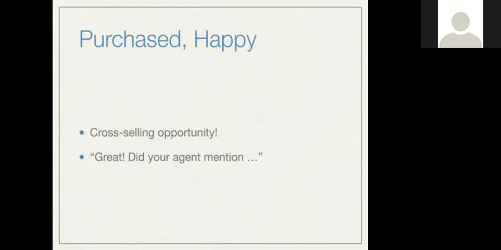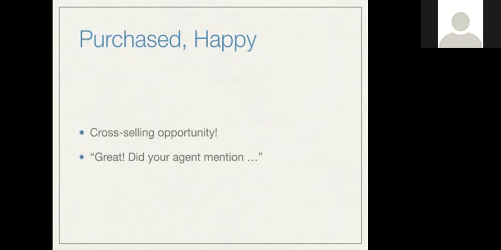Age leads, like we said over and over, are just old real-time leads. If they've already bought something, chances are the agent that worked that real-time lead and sold them whatever they sold them got him into that policy and then needed to move on to the next, because he's working real-time leads. You can't sit around and just twiddle your thumbs and work with clients and do client service. You've got to get to the next one right away.